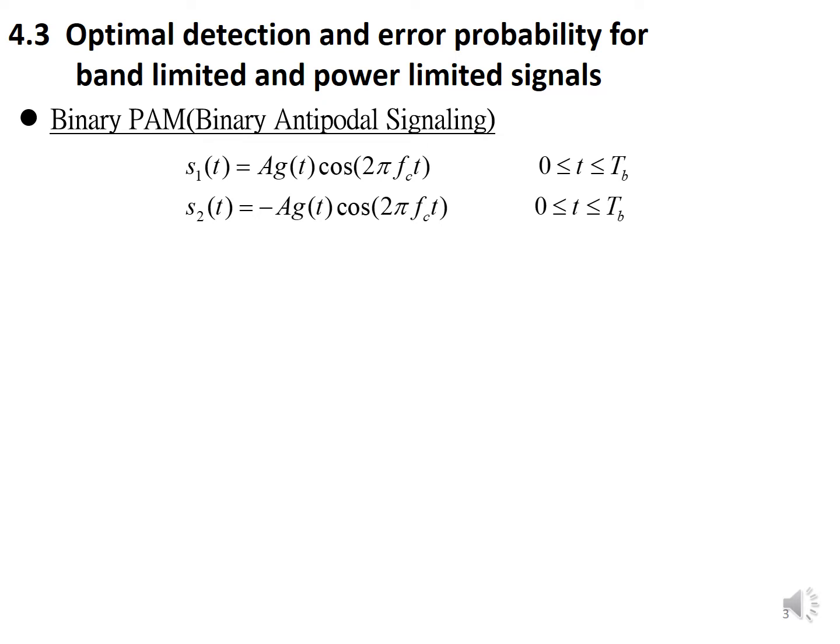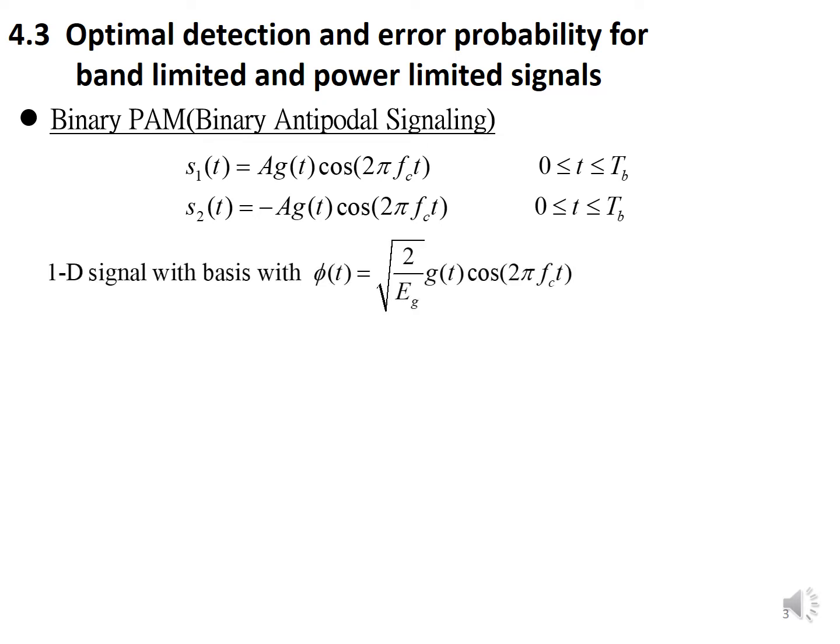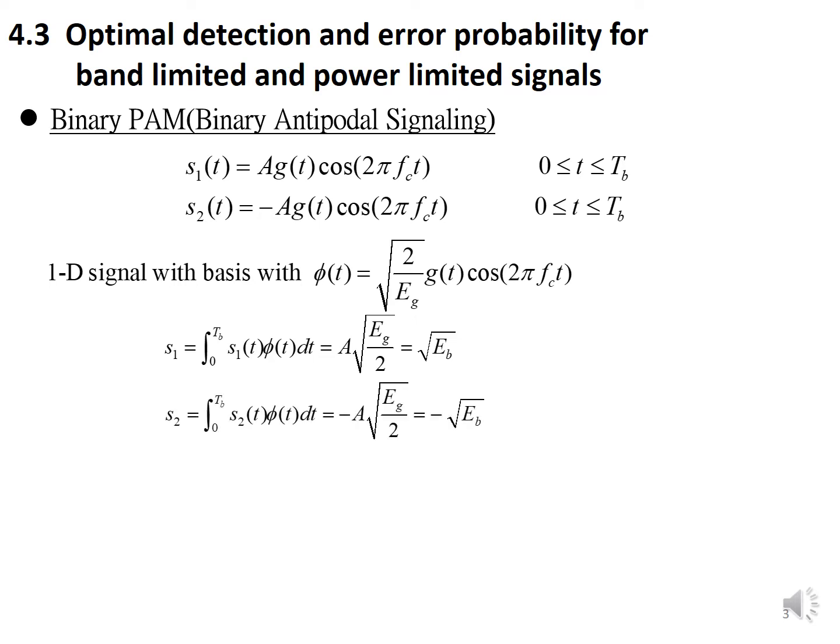So it's binary signaling. As we know, this is a one-dimensional signal with the basis function phi(t), that is g(t) cosine 2 pi fc t, a one-dimensional basis. The projections of the signal waveforms s1(t) and s2(t) on the basis would be s1 and s2.